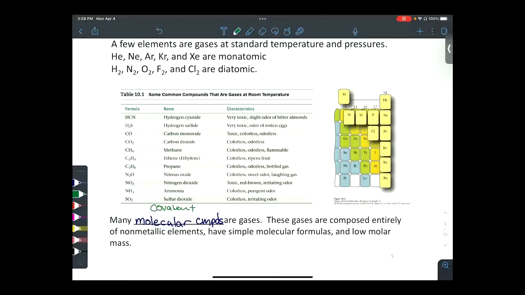When there's weak attraction between molecules, they tend to be far apart from one another since they're not attracted, thus typically being gases at room temperature. So if you look at a substance and you would name it as a molecular compound, like in chapter 2 naming, it's most likely going to be a gas at room temperature.